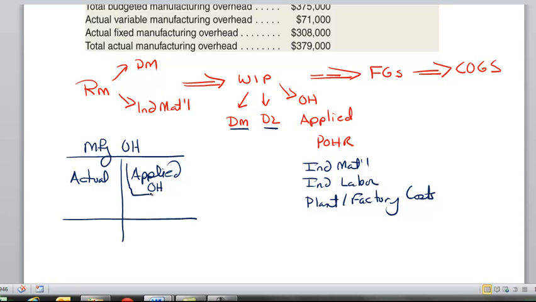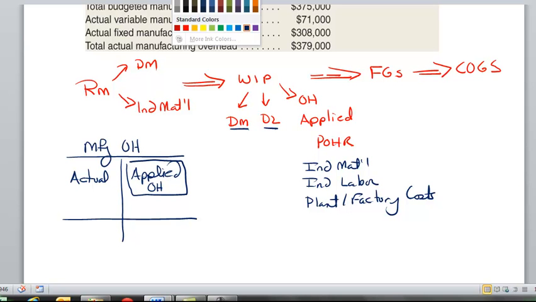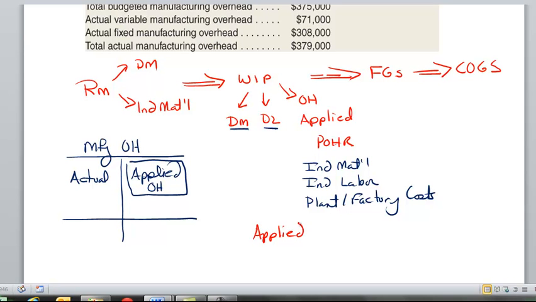Always look at the credit side, the applied side, and ask yourself, is my applied greater than actual? Then I'm overapplied. If my applied is less than my actual, I'm underapplied.